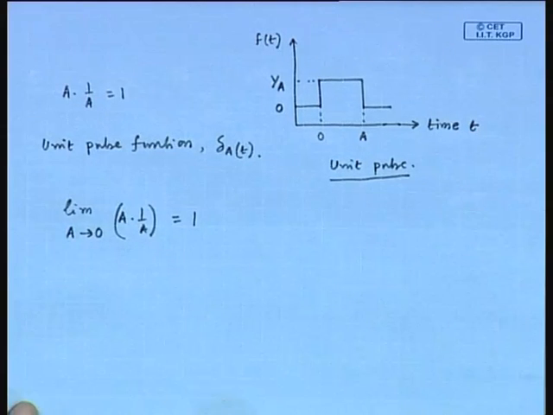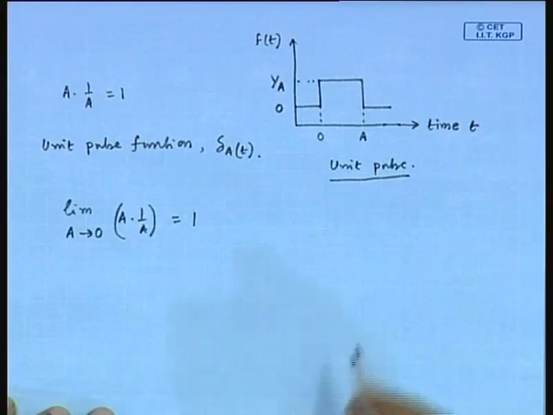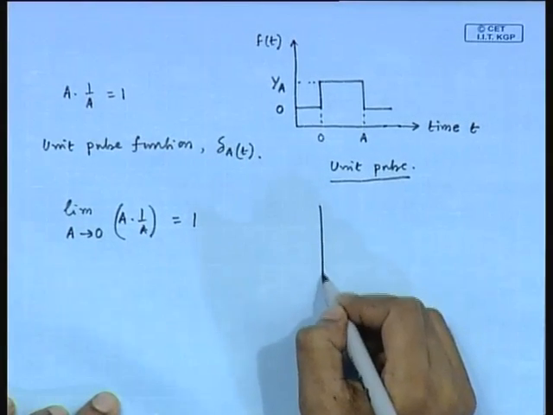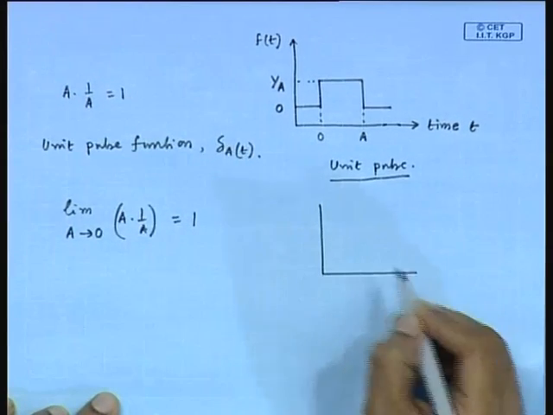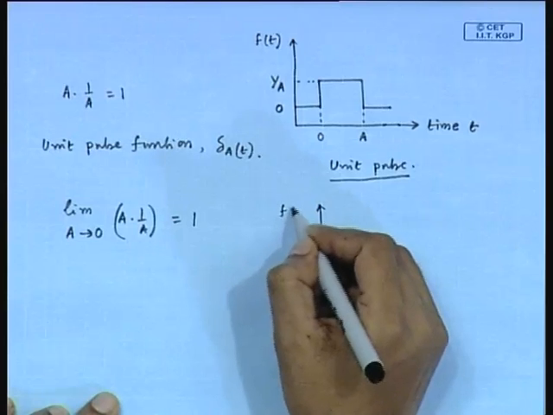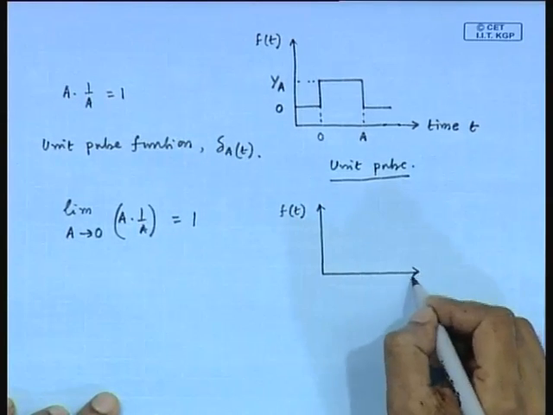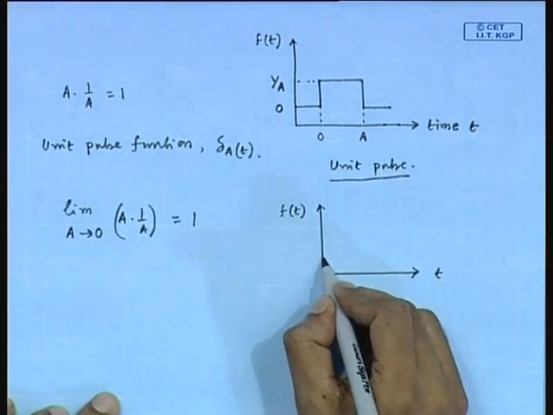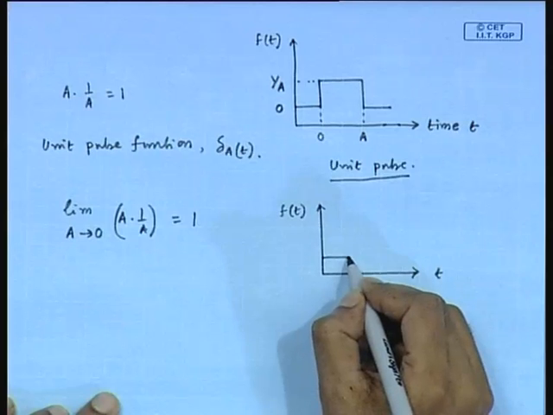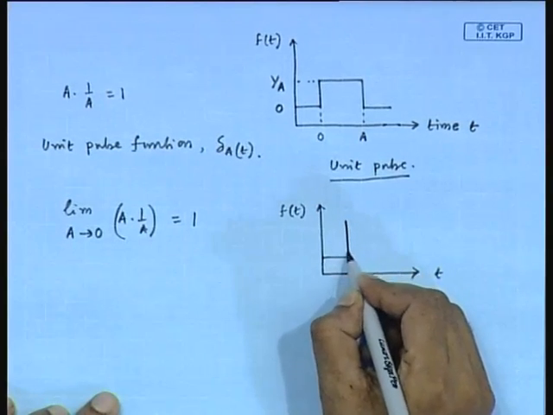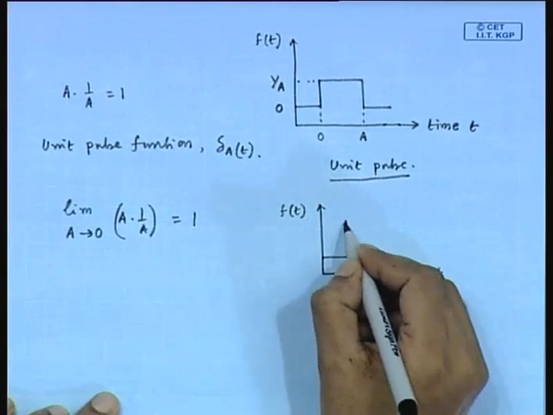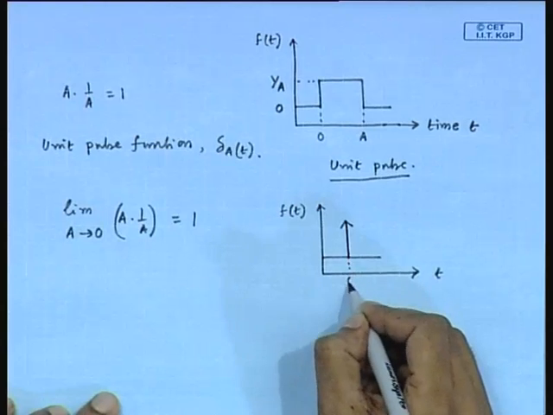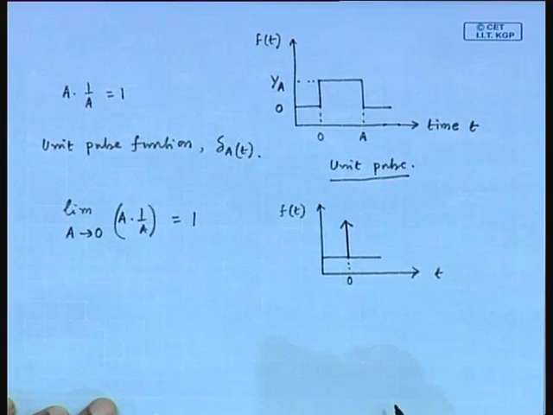How can we represent this situation graphically? The graphical representation is somewhat like this. This is time t equals 0.